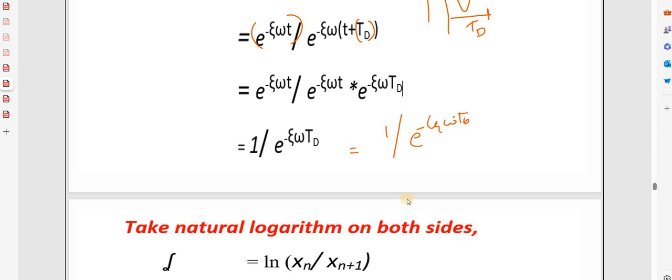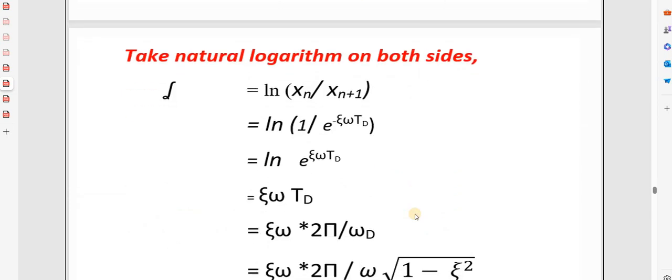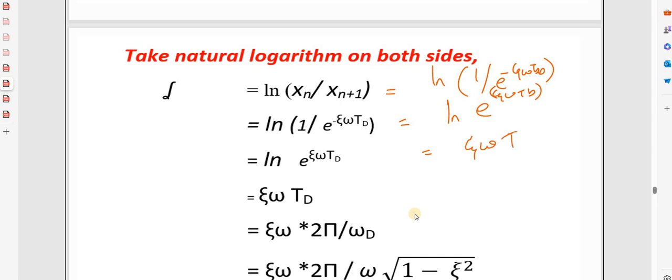Now if I take the natural logarithm of this, I will be getting ln of e raised to theta omega into td, which is theta into omega into td.